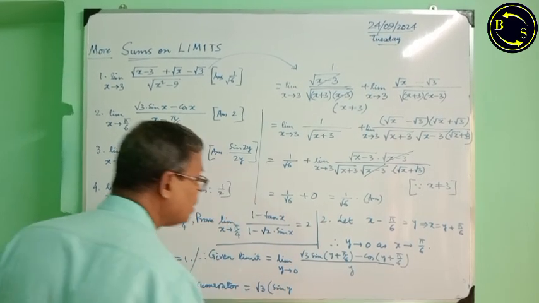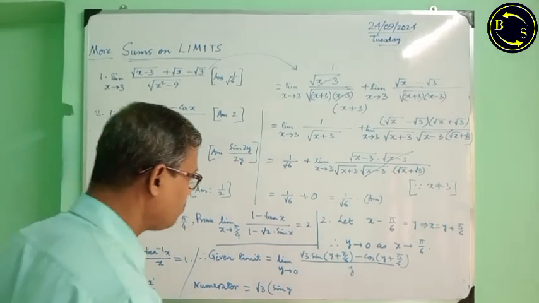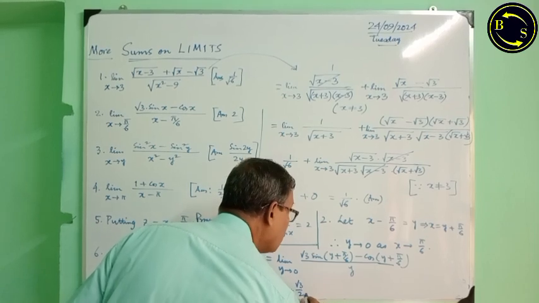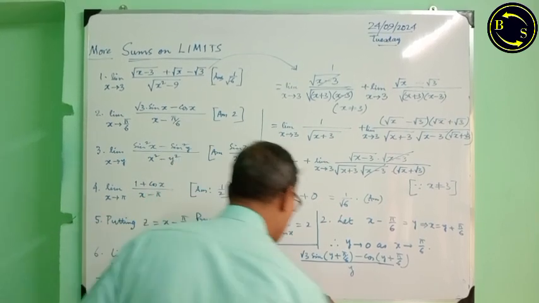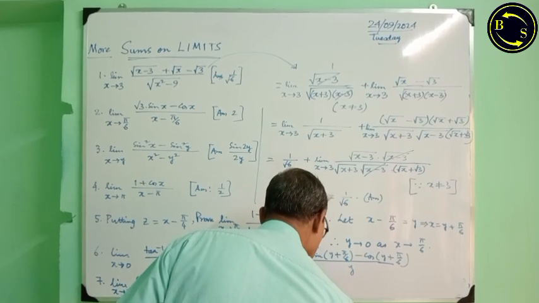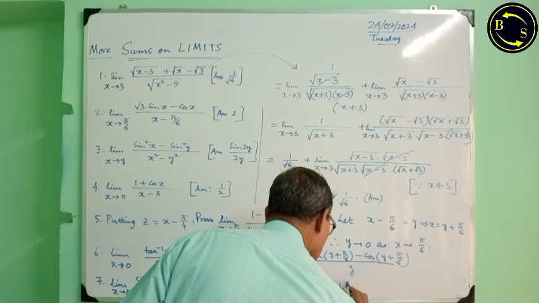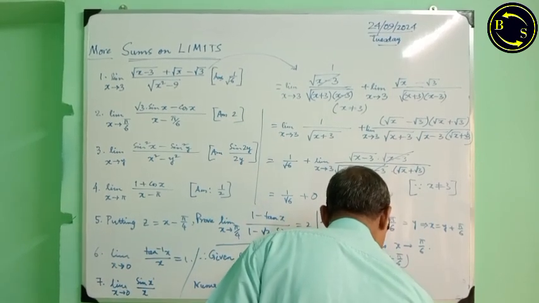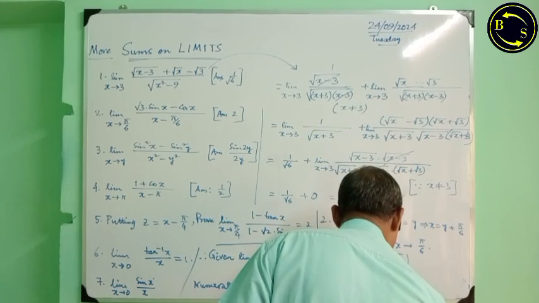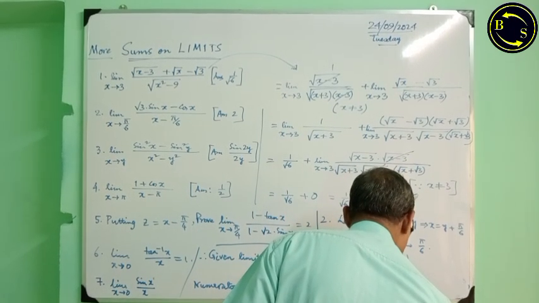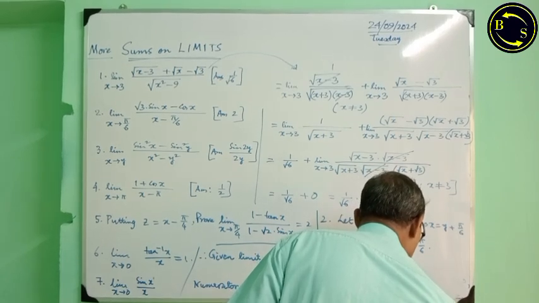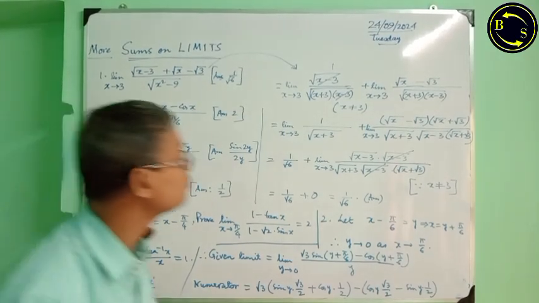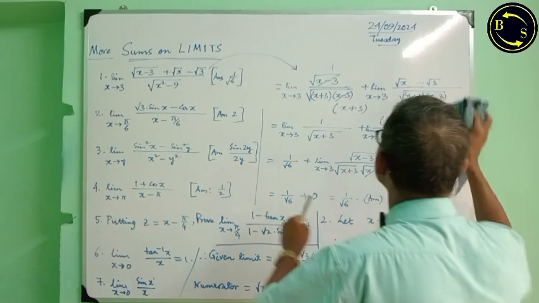sin y cos pi by 6, means root 3 by 2, plus cos y into half, minus cos y minus sin y.